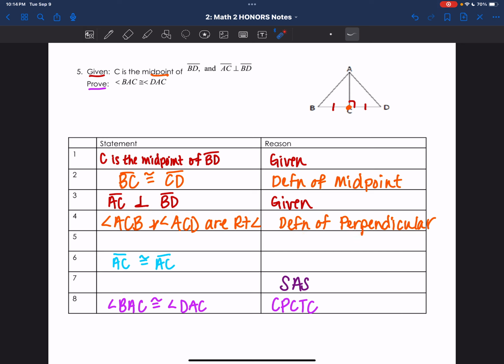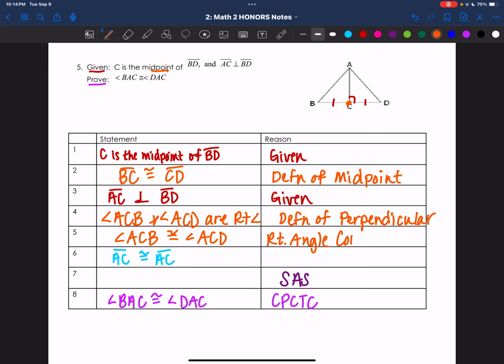Now that we defined it, now we can give some value to it. So let's go ahead and figure out what information we can get from this. So we know that angle ACB is congruent to angle ACD, and the reason why is because of the right, and I'm going to abbreviate this, right angle congruence theorem.